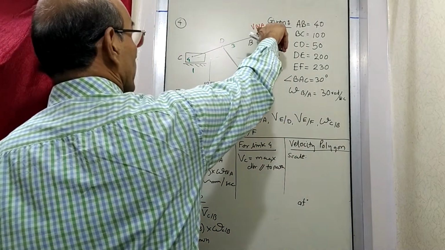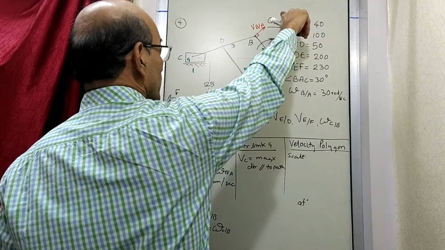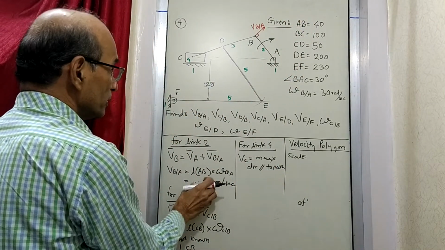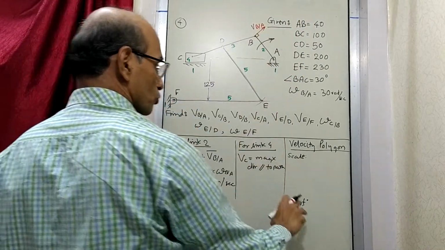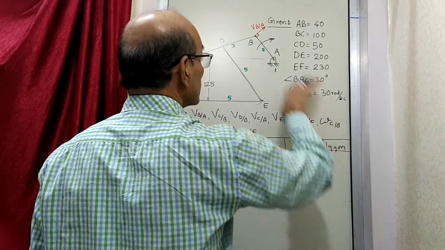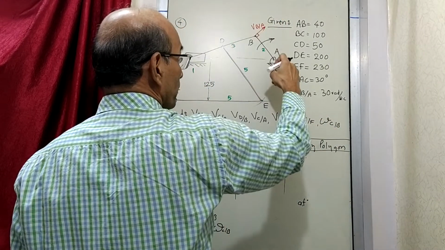Now we show this vector which is completely known by its magnitude and direction. This is the magnitude, direction perpendicular to length AB. So from A, we draw a line like this, parallel to this line or perpendicular to this line.